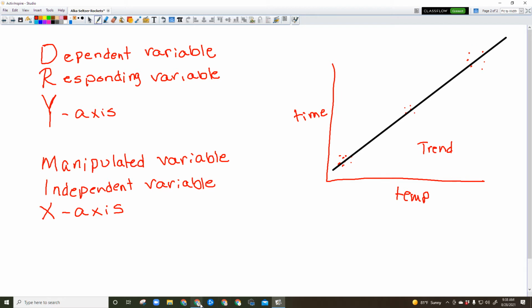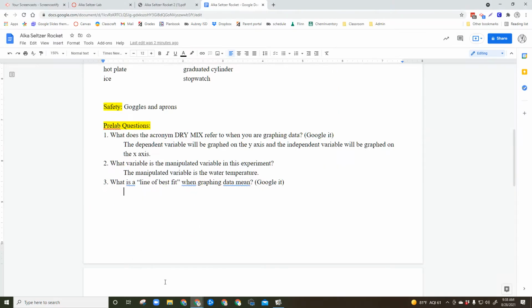So let's go back to our paper. Where is it? Okay. What is a line of best fit when graphing data mean? Okay, so a line of best fit is a straight line that goes through all of the data groups is what we'll say.